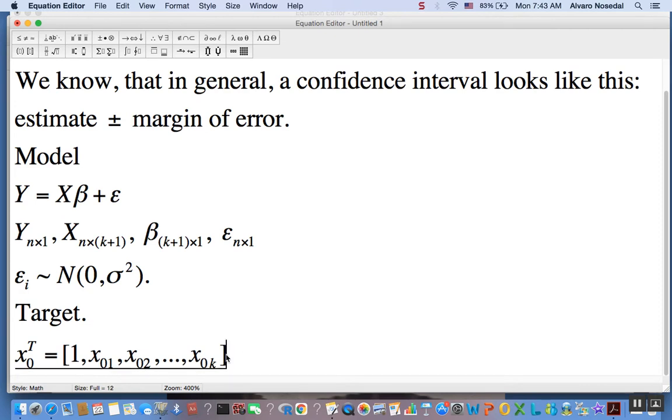Okay, so as you can see, this guy here is a 1 by k plus 1 vector.